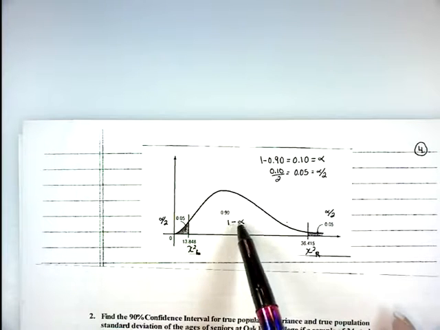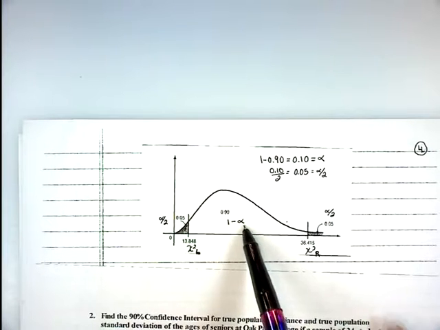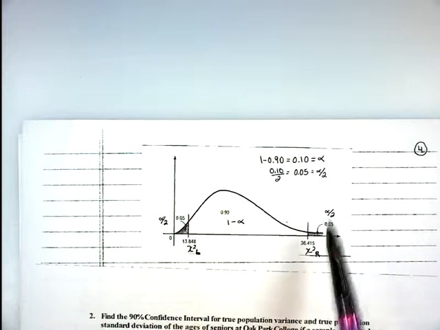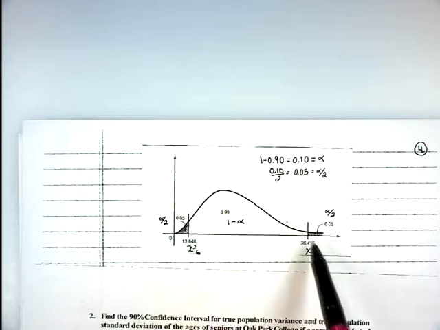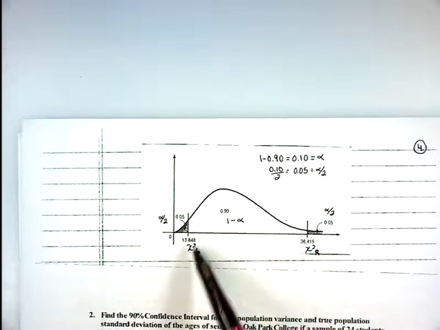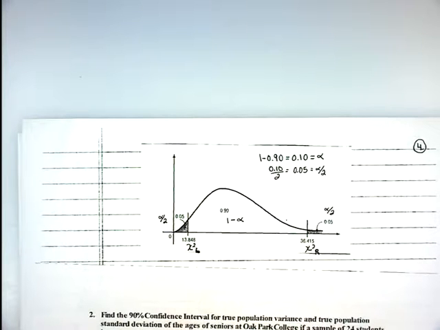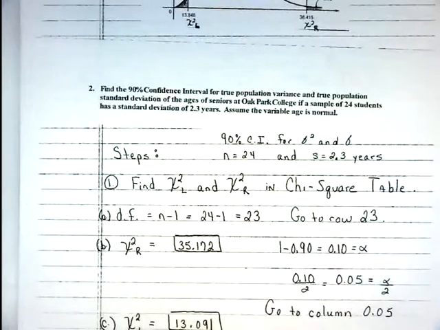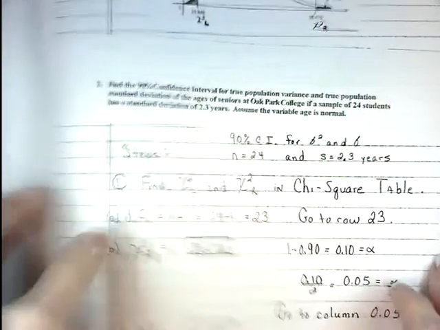So this unshaded area is 1 minus alpha, or 1 minus 10%, which is the 90% degree of confidence. And then 5% in each tail. The area above chi-square from the right is 5%, and the area above chi-square from the left is 95%. I like to draw the picture each time, but that's my personal preference. I will show you problem number 2.